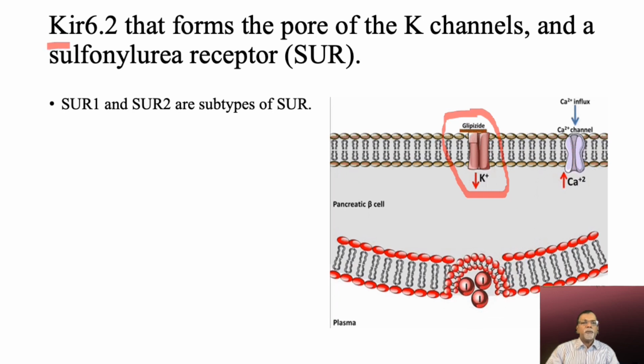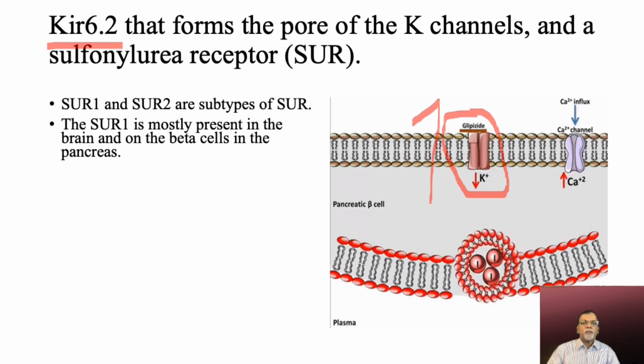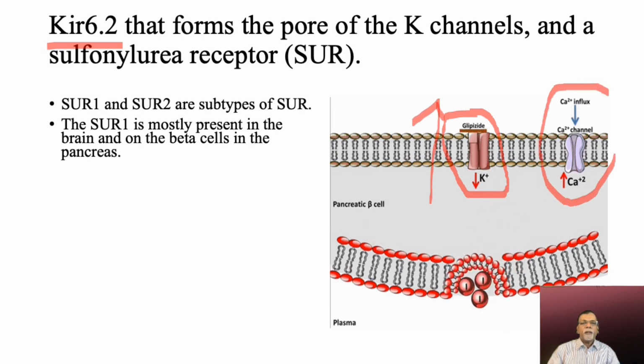The Kir 6.2 forms the pore of the potassium channel, and the sulfonylurea receptor is there. Once the potassium channels are blocked, potassium cannot go outside, calcium will enter, and there is release of insulin. So this is how the sulfonylureas act.